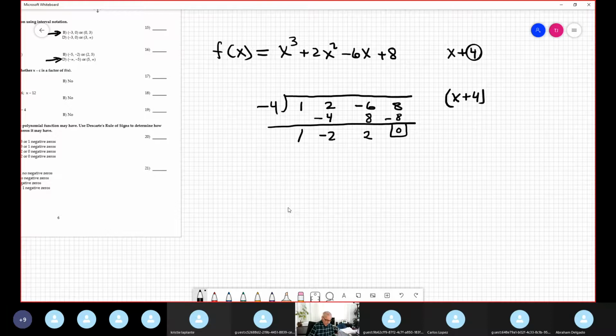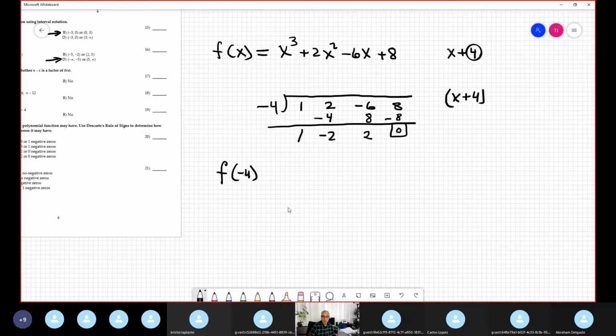Another way to understand this. Another way, but no, this is enough. If you are doing this here, 100 points for you. But I need to explain another way. It's not complicated, but long. You evaluate the function at negative 4.